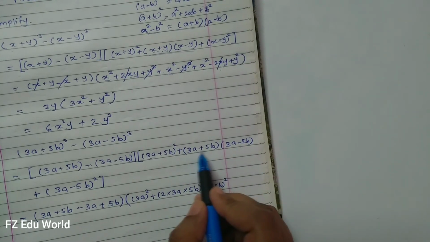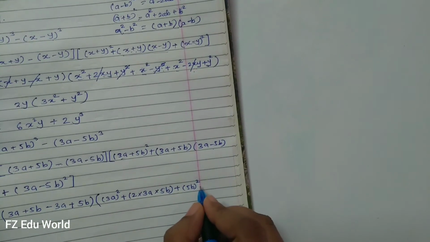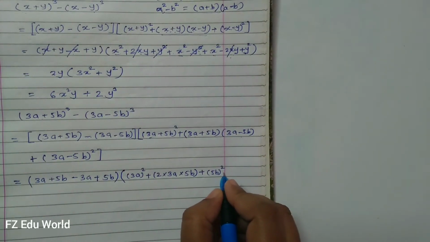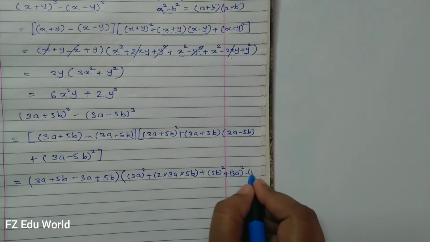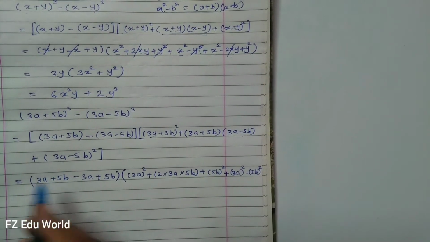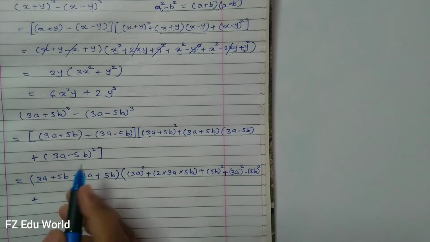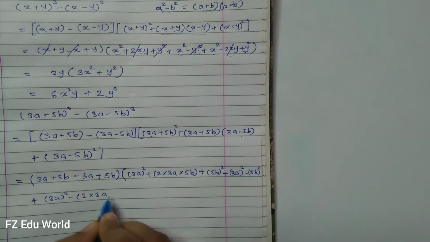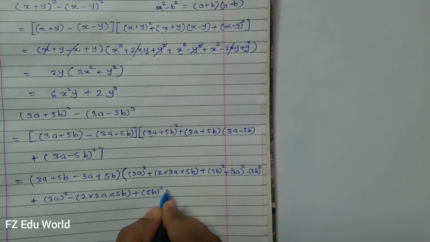Now again we have to apply the formula a square minus b square. So it will be equal to plus 3a square minus 5b square. Then again we apply the (a minus b) square formula, this plus sign will come here, 3a square minus 2 multiplied by 3a multiplied by 5b plus 5b square.